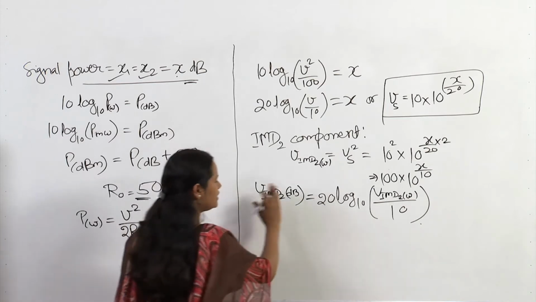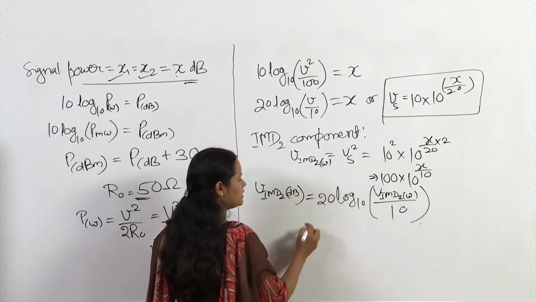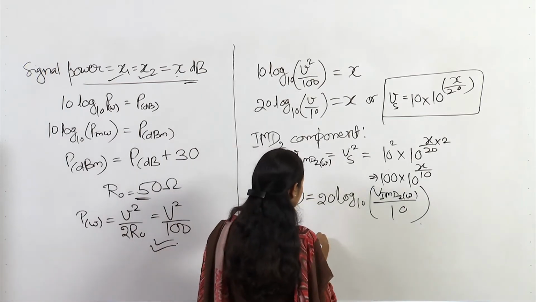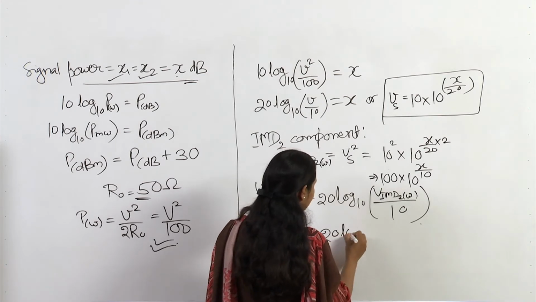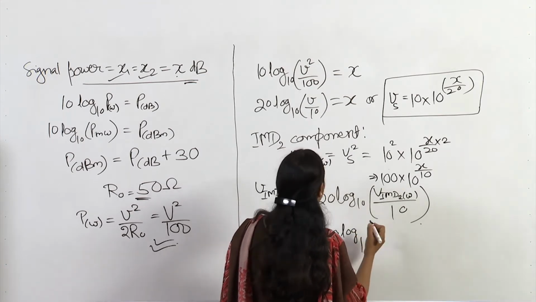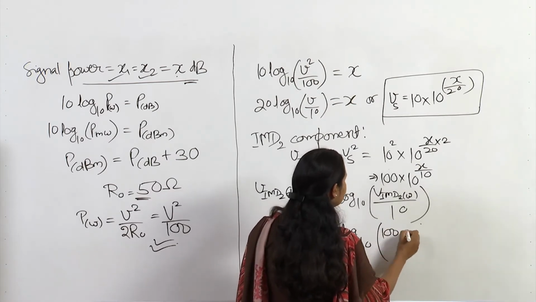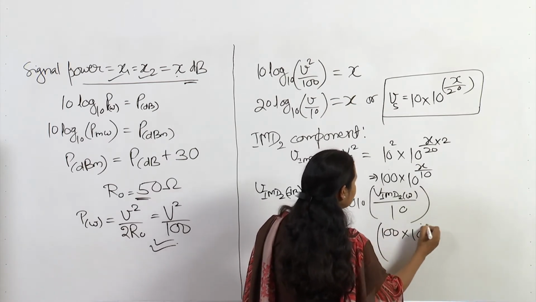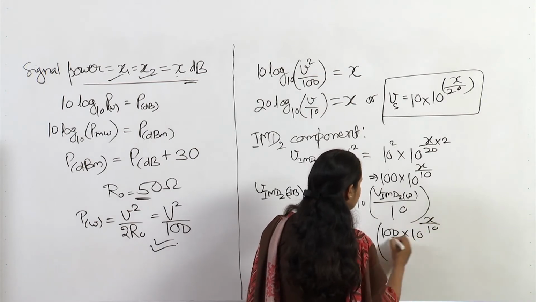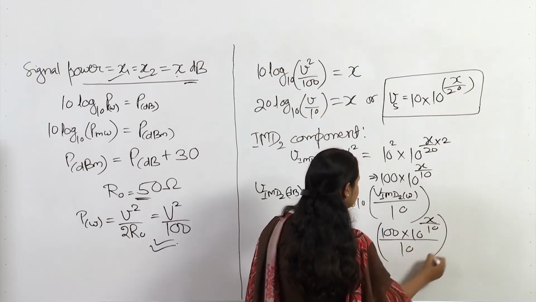So, we are getting our power in dB here. So, let us simplify this. It becomes 100 into 10 to the power x upon 10 divided by 10.